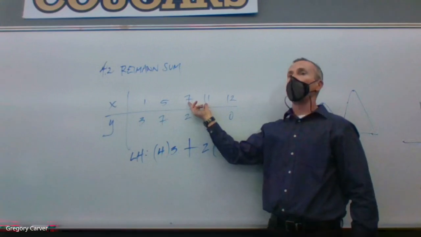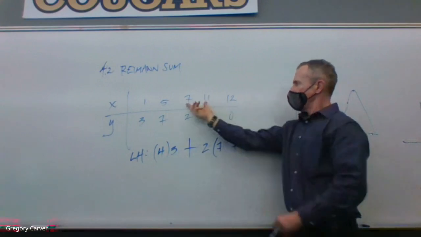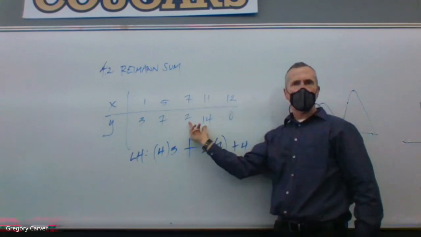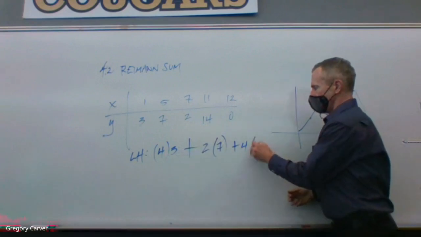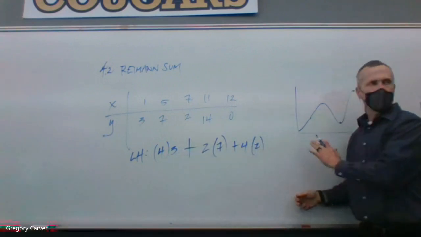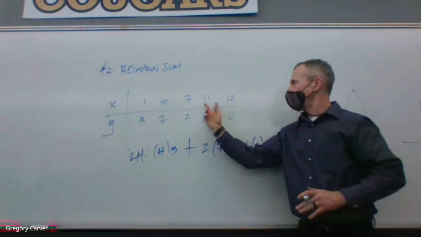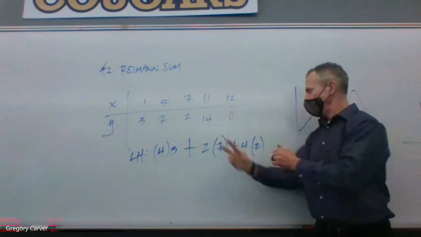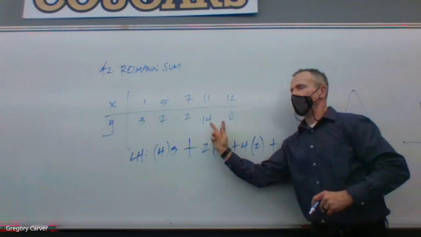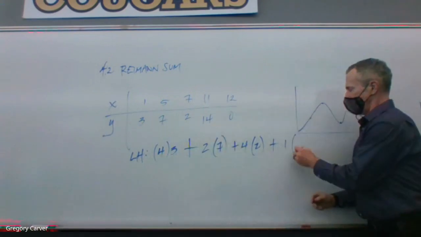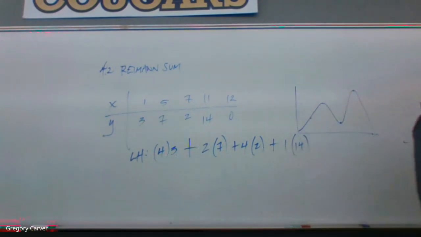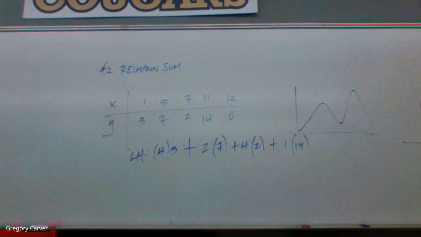This is 4 wide times the left-hand height, which is 2 in this case. You guys understand what I'm doing? Now I move over again. This is 1 wide times the height of the left-hand interval. Multiply those together, add them up, that's it. Nothing groundbreaking, very easy. Also, not even a great estimate, I would add.